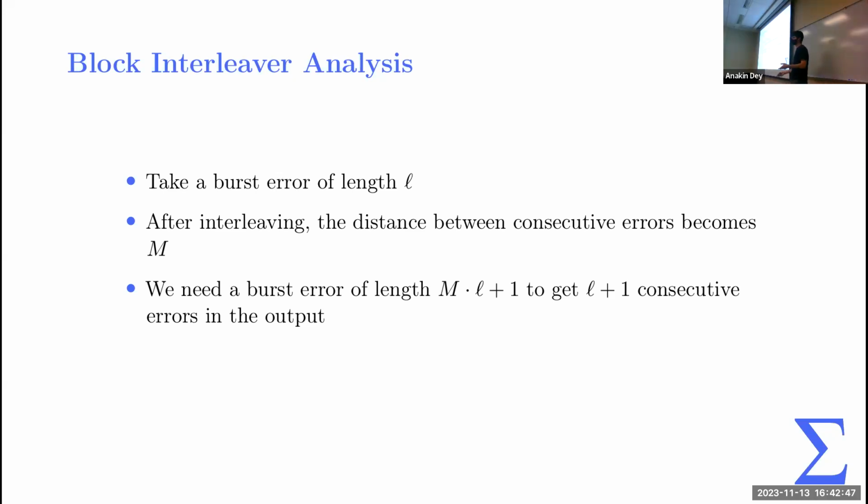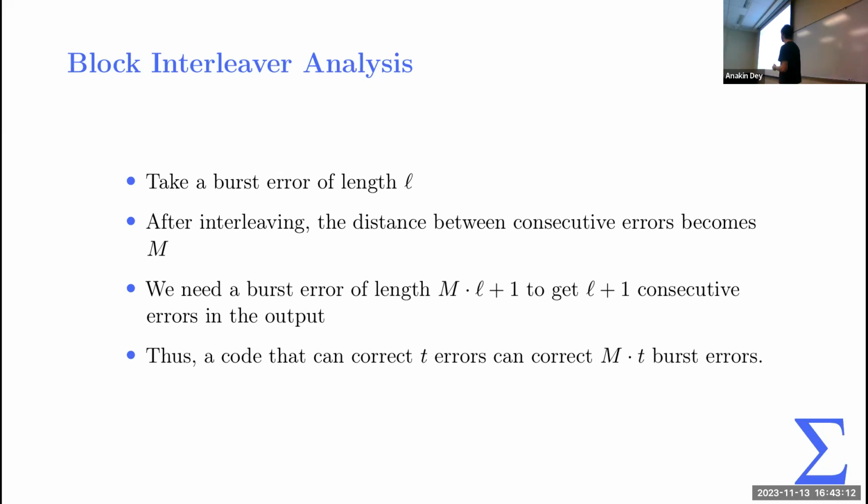And more specifically, we can talk about a burst of length ML plus 1, and because there are multiple burst errors that can have that length, just because we have a burst error that's longer than m times L plus 1, it doesn't necessarily mean we have L plus 1 consecutive errors in our outputs.